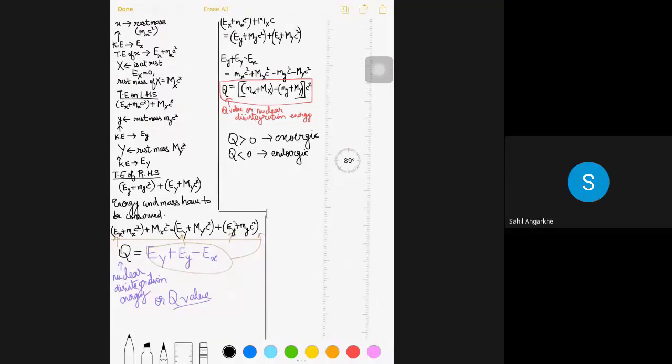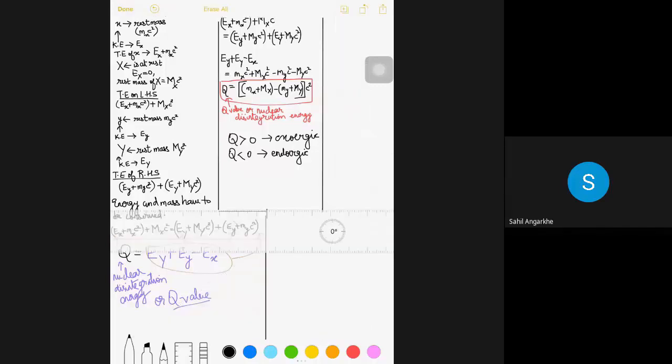Up to this, it is asked for 8 marks. So this ends our derivation for the nuclear disintegration energy or Q value.